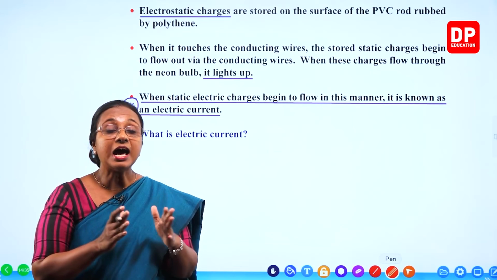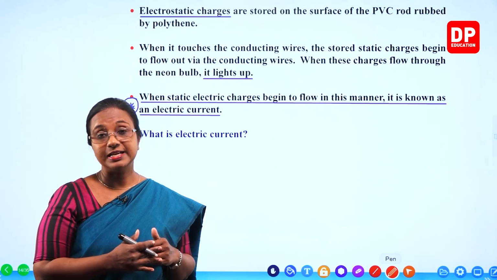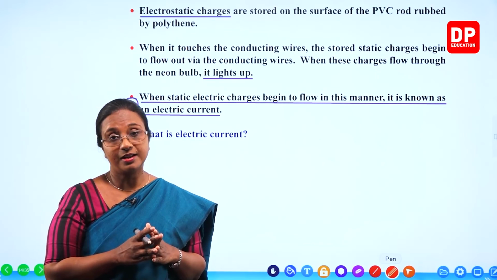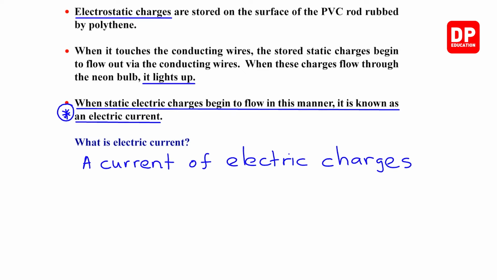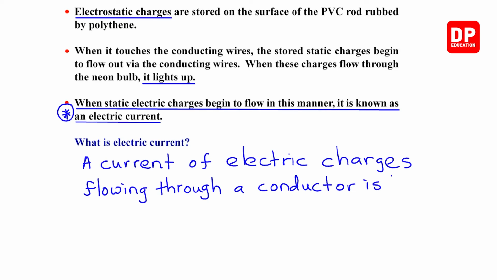You can say: a current of electric charges flowing through a conductor is known as electric current.